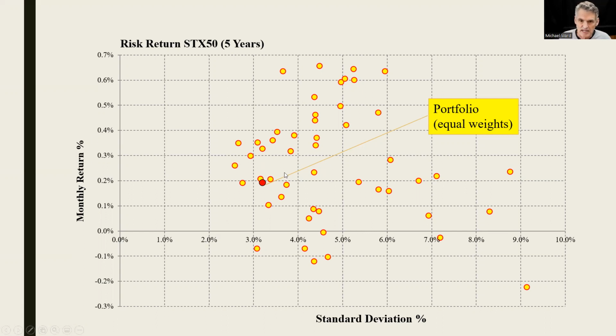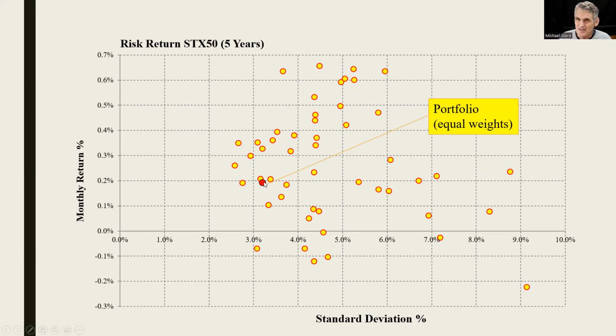There are as many shares above this red point as there are below it. So this red point represents the average monthly return that those shares would have given you.